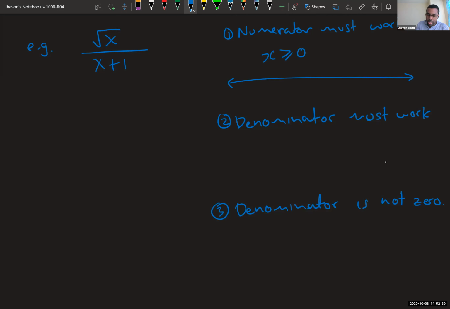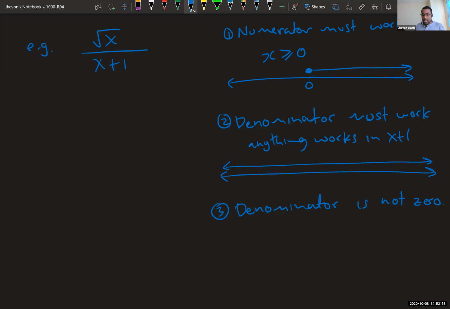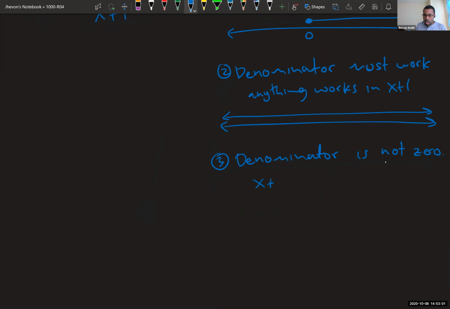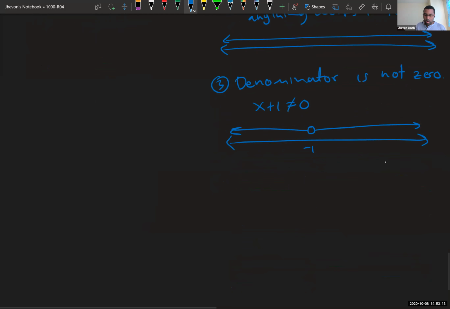So on your number line, you need things that are 0 and bigger. Whereas in the denominator, for x plus 1, anything goes. And then you need x plus 1 not equal to 0, so this means you cannot be minus 1, right? And then put them together and you find the intersection.